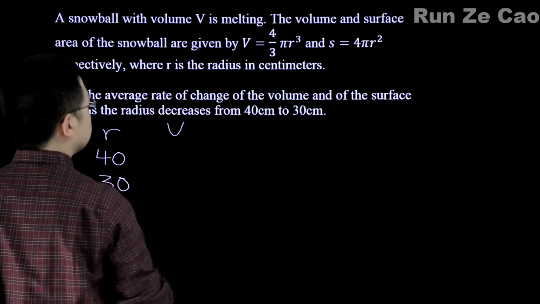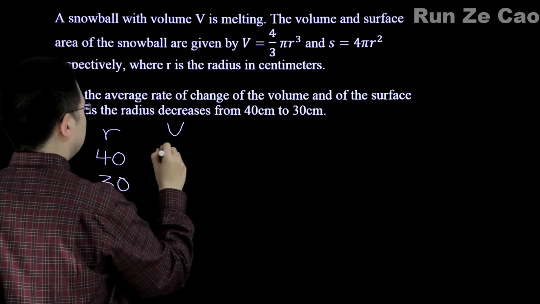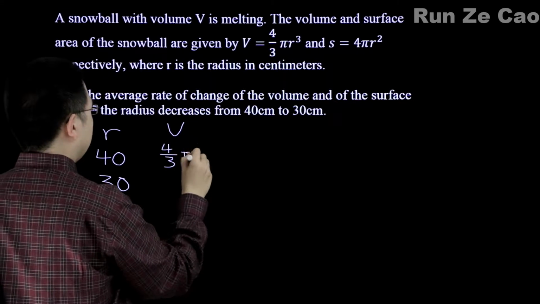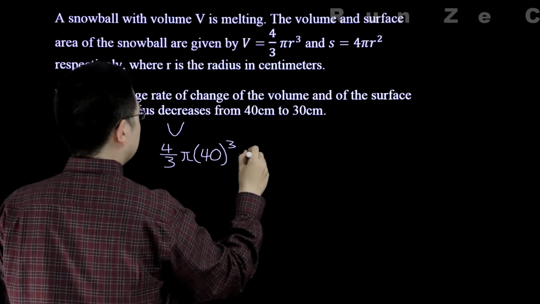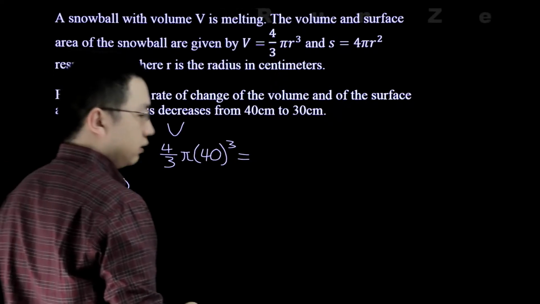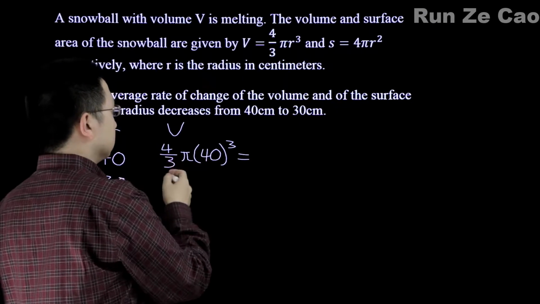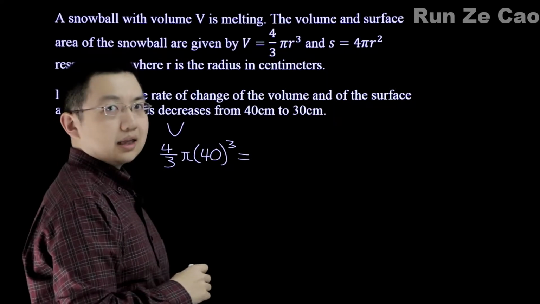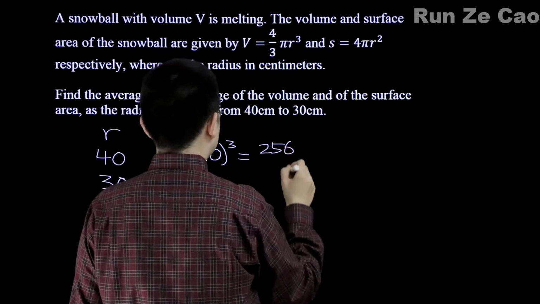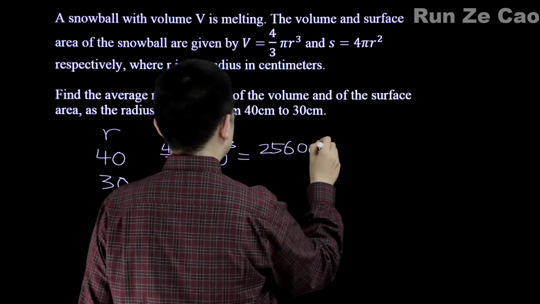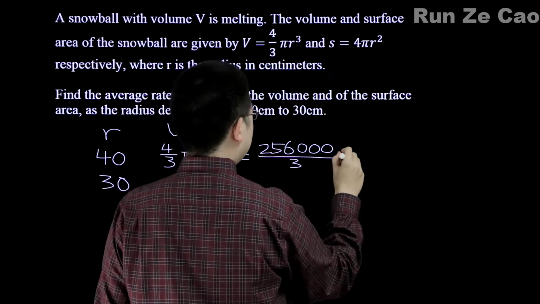And volume is initially 4 over 3 pi 40 cubed. This is equal to, well, 4 times 4 is 16. 16 squared, so 4 to the 4th power, is 256. 256,000 over 3 pi.